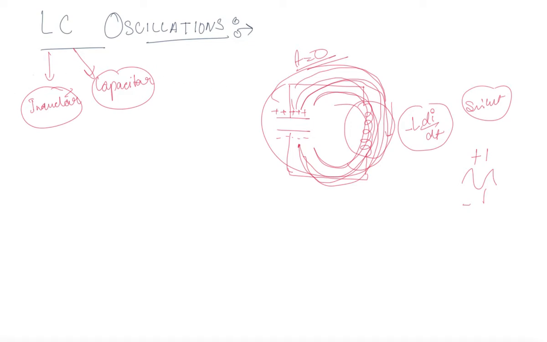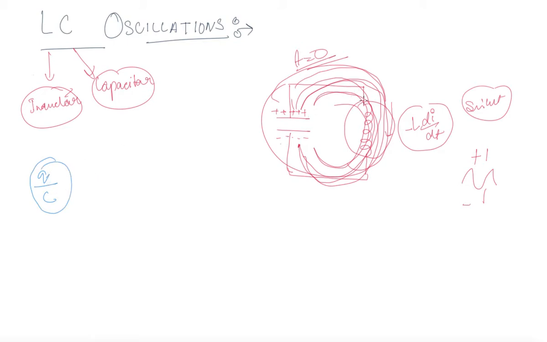Now let's look at the mathematical aspect of LC oscillators. Because this is a closed loop, if we apply Kirchhoff's law, this is Q by C. Going from minus to positive, this voltage is positive.